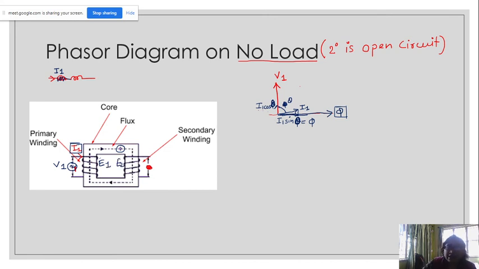E1 and E2 are induced due to the presence of this phi 1, and with respect to V1 they will be on the opposite side. So this is basically the phasor diagram of a transformer which is on no load, or whose secondary is open circuited.